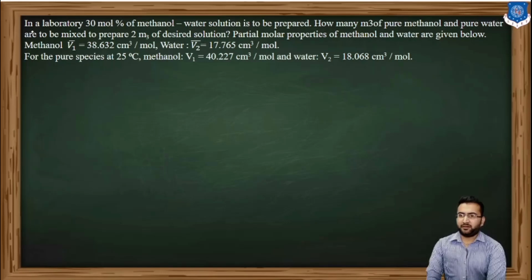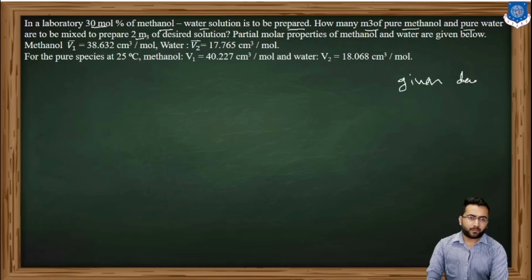The statement says that in a laboratory, a 30 mole percent methanol water solution is to be prepared. How many meter cube of pure methanol and pure water are to be mixed to prepare 2 meter cube of the desired solution? So in the statement it is given that there is 30 mole percent of methanol.